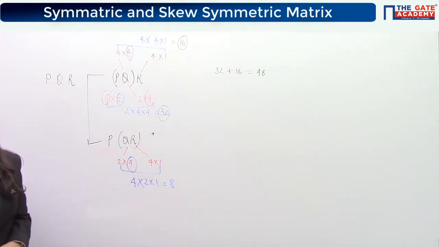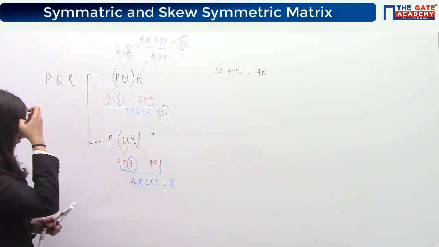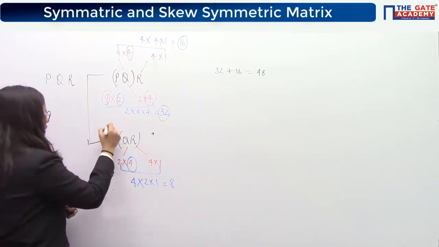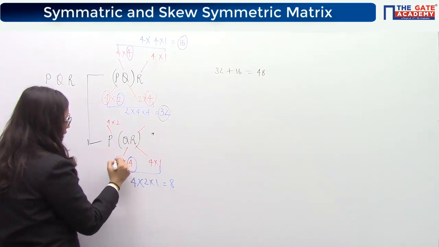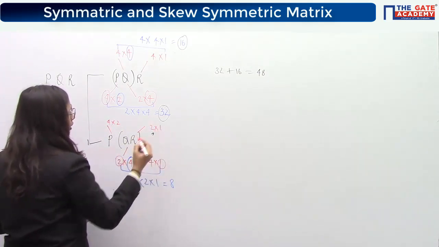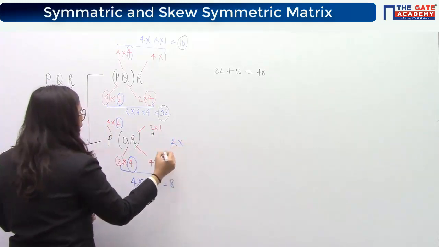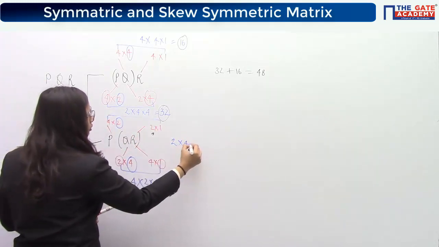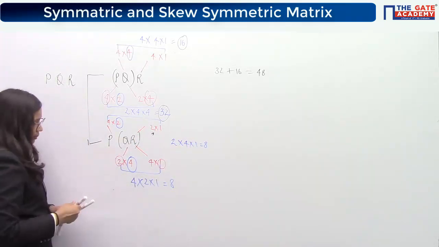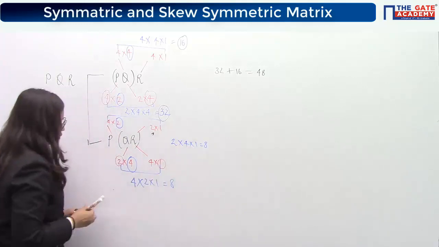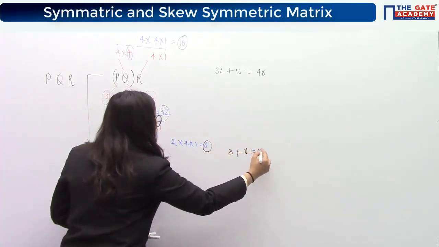Now this resultant matrix is multiplied with P. Order of P is 4 into 2, order of QR will be 2 into 1. So the number of multiplications for this product will be 2 into 4 into 1, that is again 8. So the total number of multiplications in this way is 8 plus 8, that is 16.